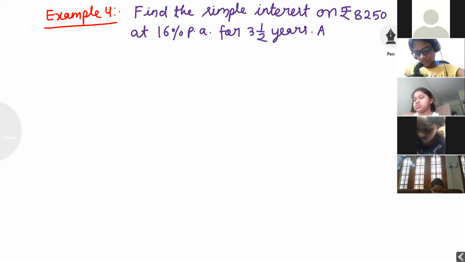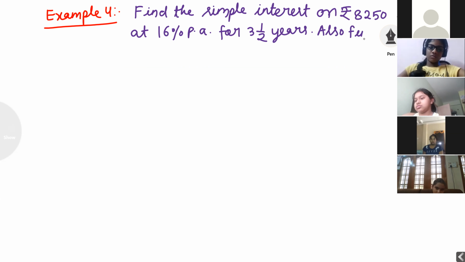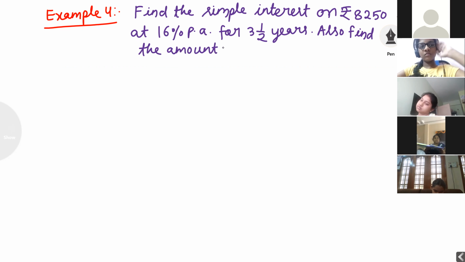Also find the amount. Now in this question, the time is given in fraction form. Don't get confused.